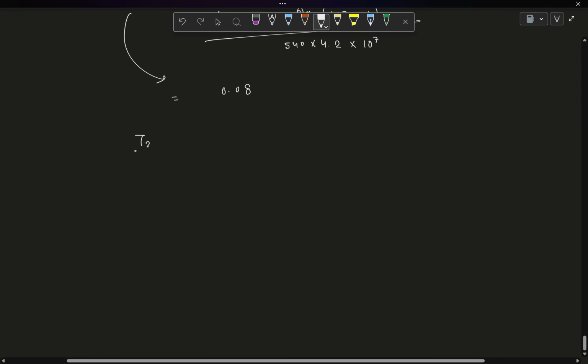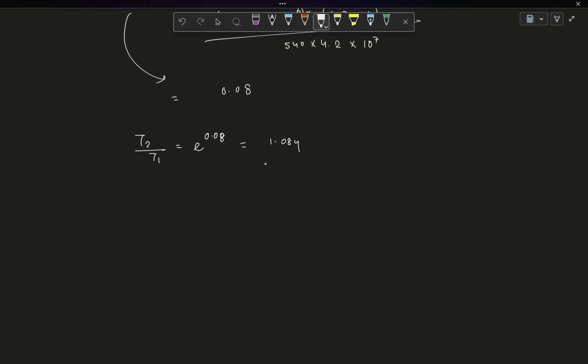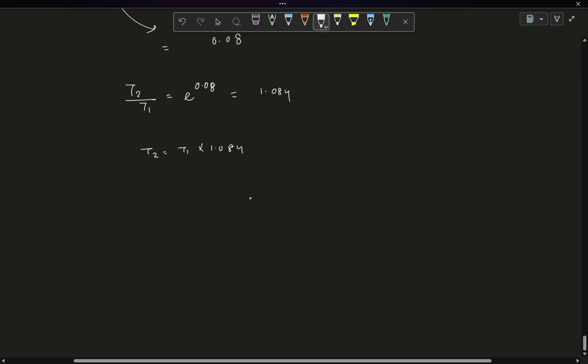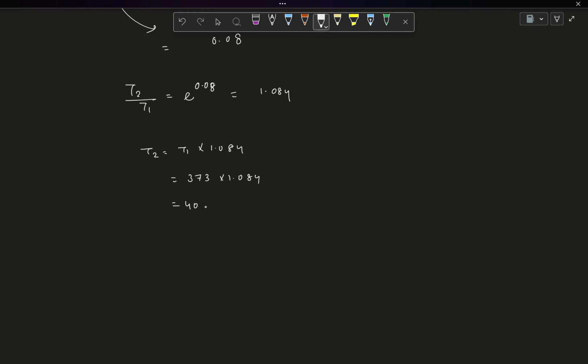Then T2 by T1 is e to the power 0.08, which is 1.084. So T2 is equal to T1 into 1.084, and T1 is simply 373, into 1.084, which is like 404 Kelvin.